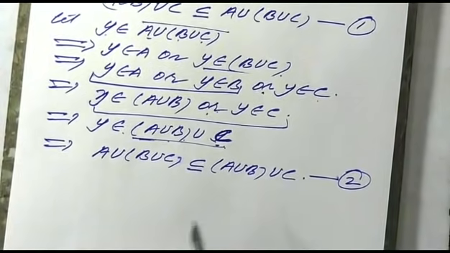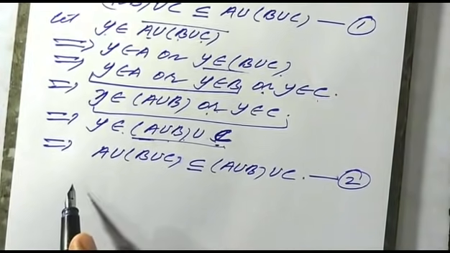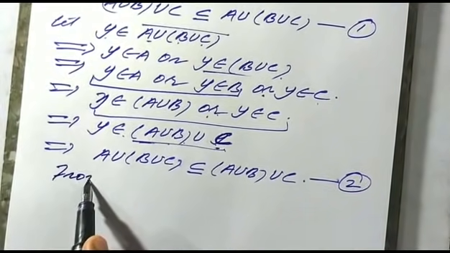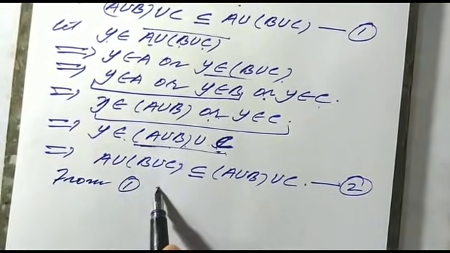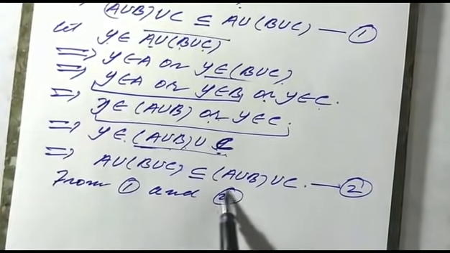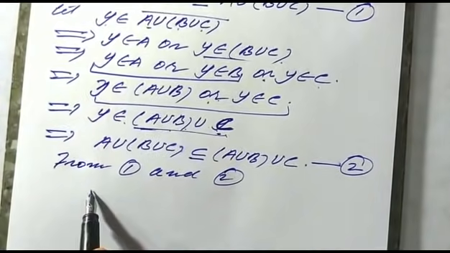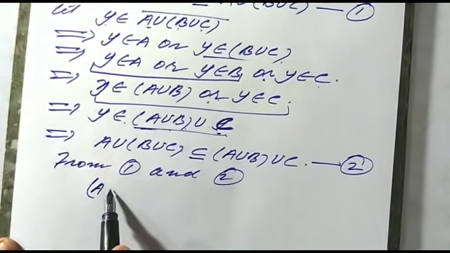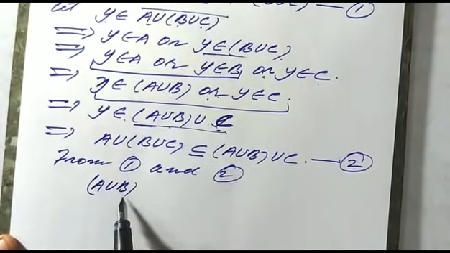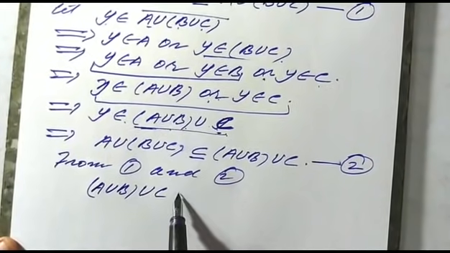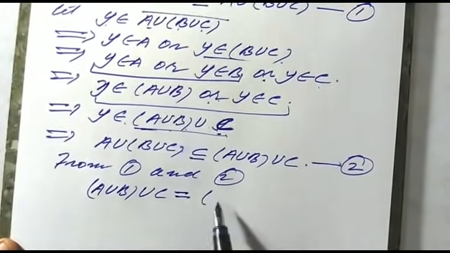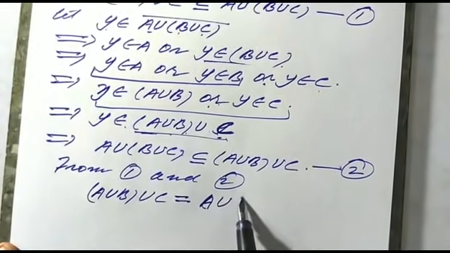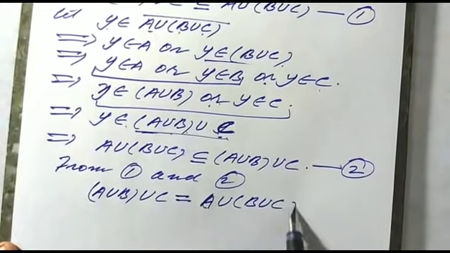So this is only possible when these two sets are equal to each other. From 1 and 2 we get (A union B) union C is equal to A union (B union C).